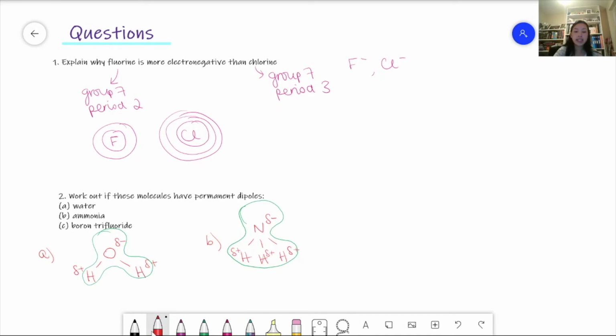And then for C, we have boron trifluoride. And that means that we have boron and 3 fluorines. Now, fluorine is definitely the most electronegative compared to boron, and so those are the partially negative atoms, and boron is the partially positive.